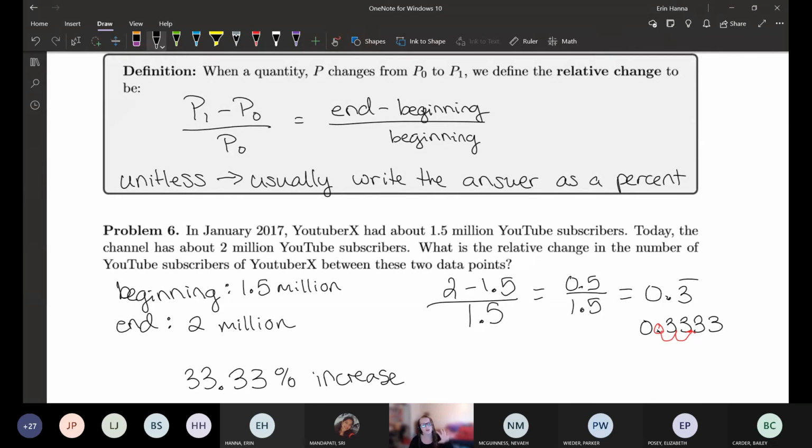If it was a negative number, you take off the negative from the front and then just write decrease. You would never write negative 5% decrease, because technically that would be an increase. So if we take it to be today, over those 4 years, there was a 33% increase in the subscriber count.